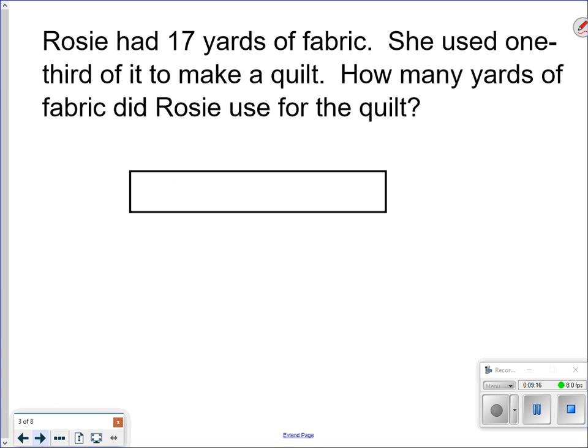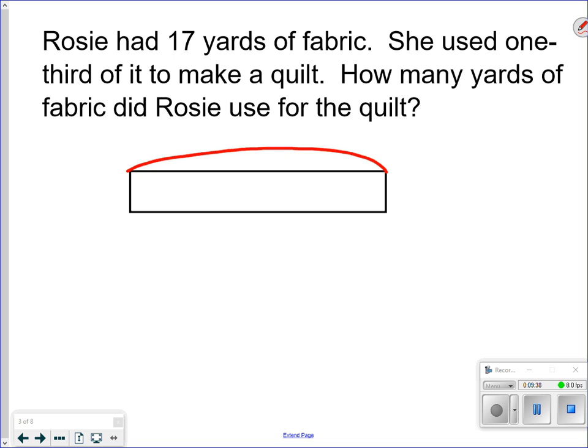Rosie had 17 yards of fabric. She used 1/3 of it to make a quilt. How many yards of fabric did Rosie use for the quilt? I don't know. So, do you have a top number?